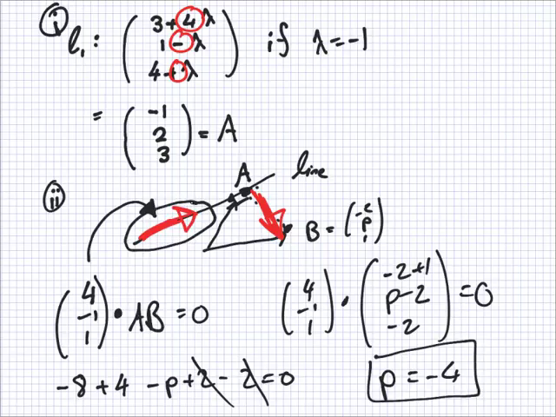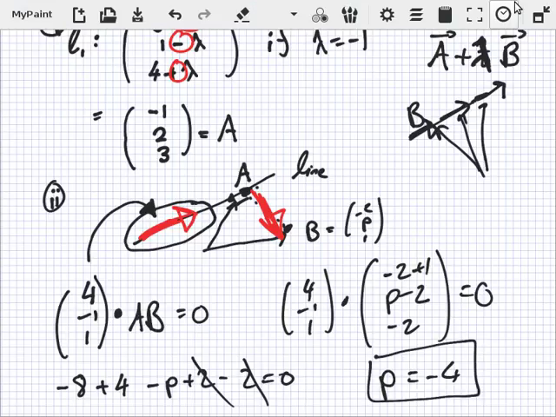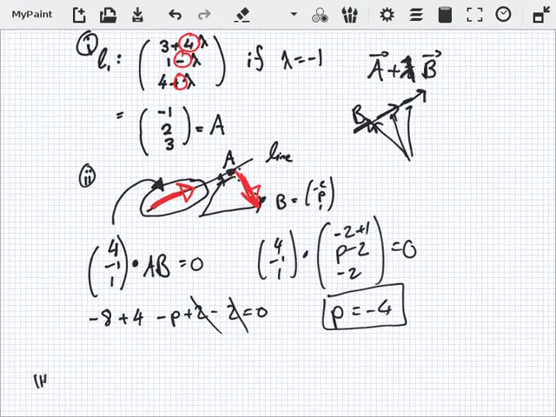Look, Jerry, if you have A plus TB, or A plus lambda B, we'll say, that makes a line. The B is this vector on the line. That's the B. So we use 4I minus J plus K something like that.